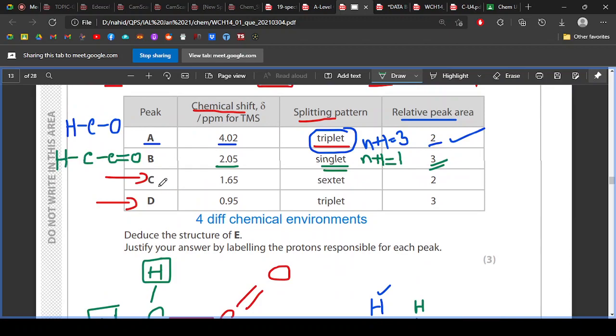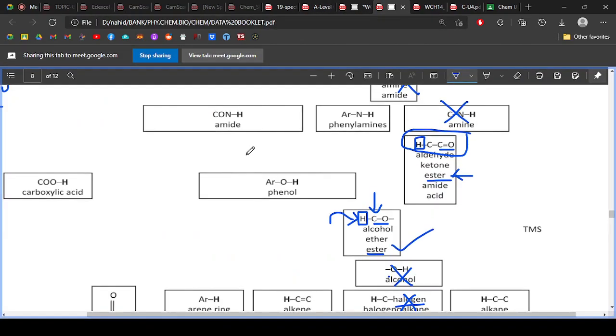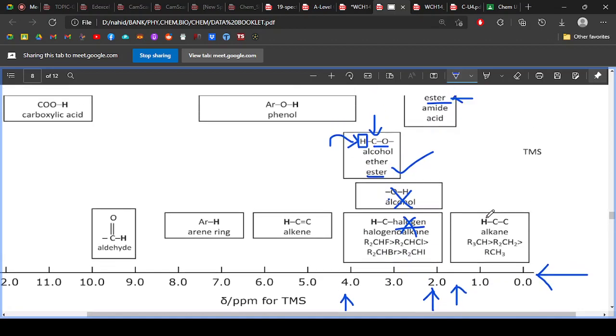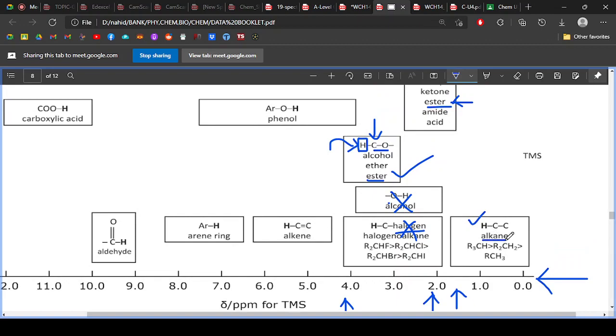Yes. Okay. After that, we have 1.65. So let's go back to the data booklet. 1.65 is here, all the way here. And at this value, there's only one table, which is the alkene table. So hydrogen joined with a carbon that is joined with another carbon. All right.